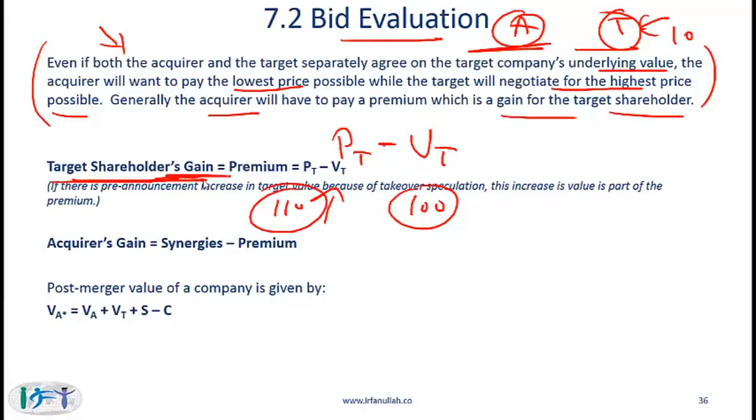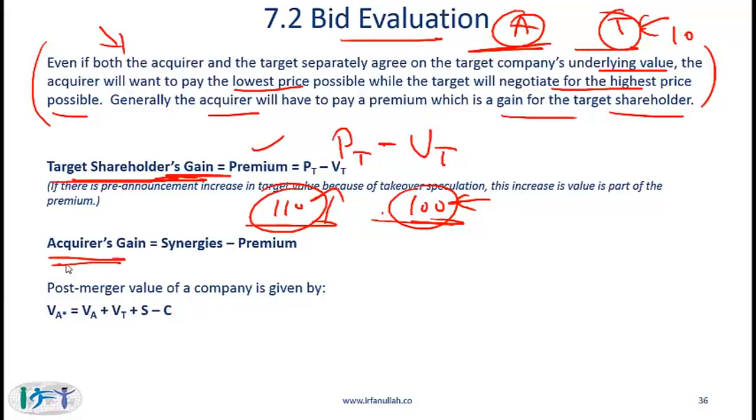When we talk about the shareholders' gain, do we use a base value of 100 or a base value of 110? The answer is we use the base value of 100, because the increase from 100 to 110 was based on the speculation or the rumors. All right, so this is the gain or the premium for the target shareholder.